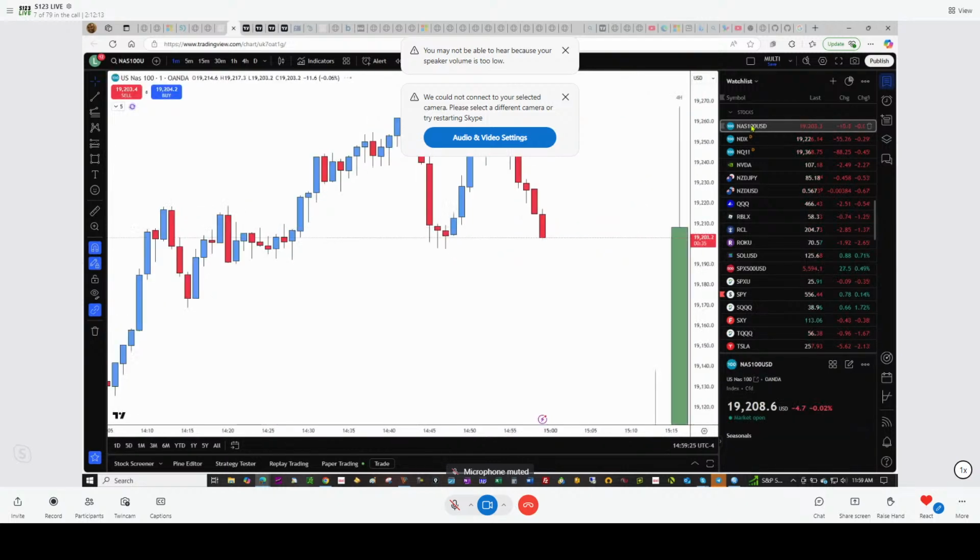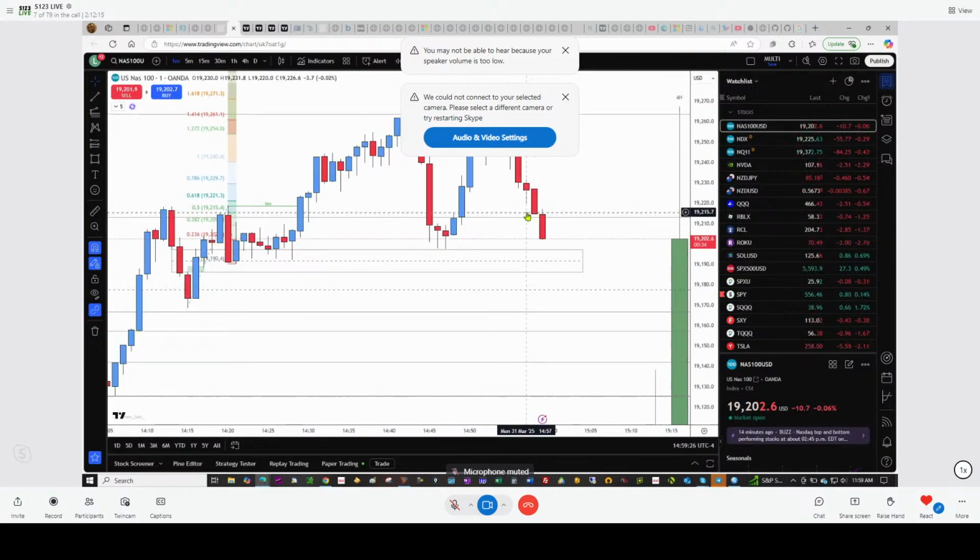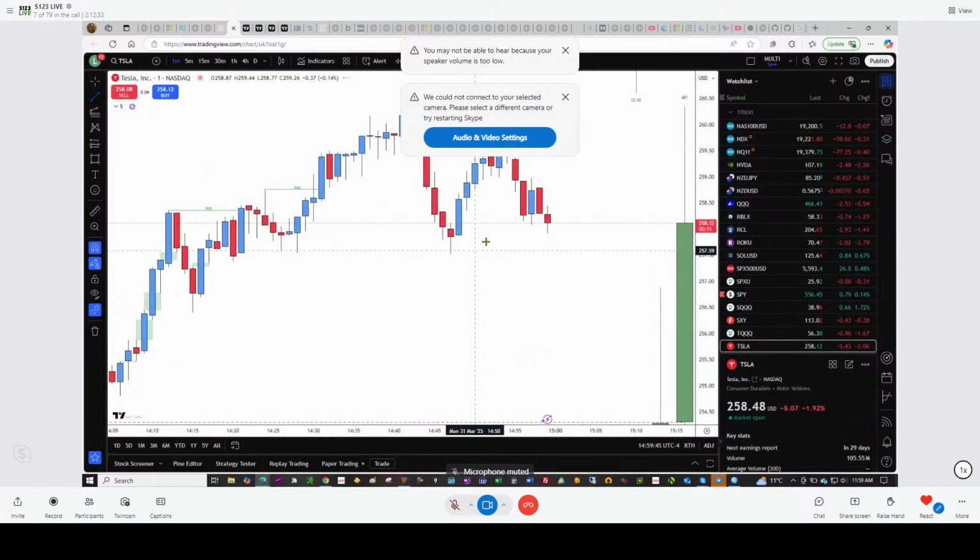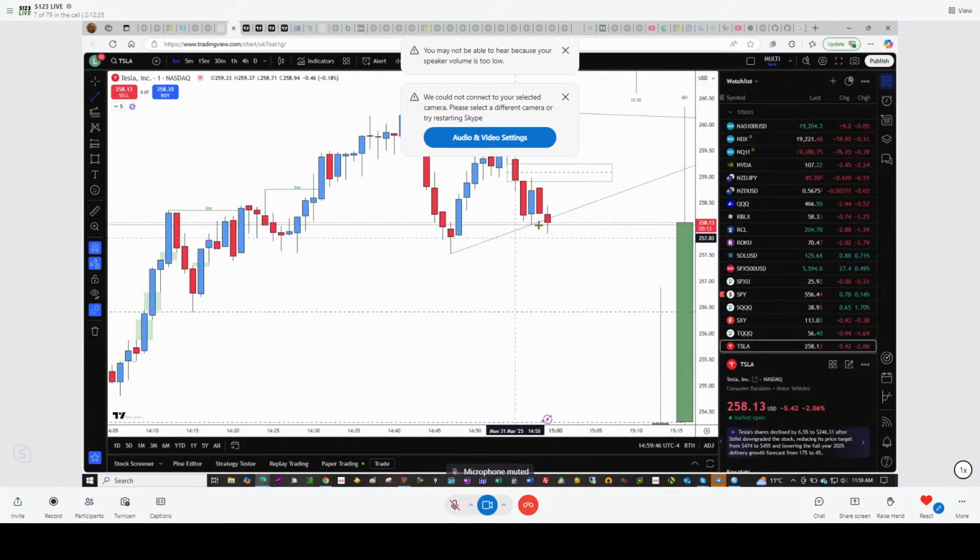Let's see NAS here. NAS is coming down. NAS didn't have the same setup, so the NAS's trend line is still here. It's interesting: if I put a trend line on NAS, it would be this low and this low, whereas on Tesla it's the steeper incline here.